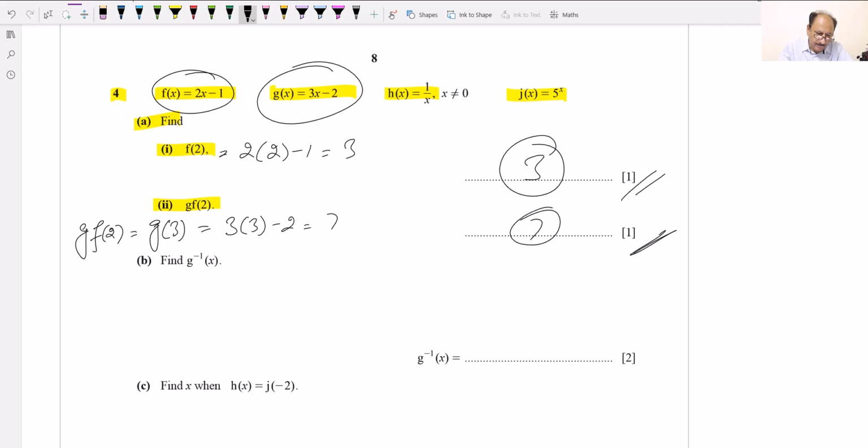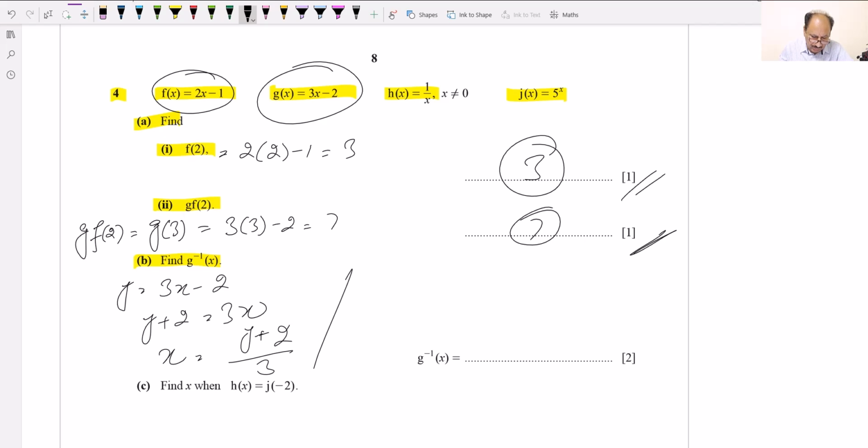Hopefully you understood this. Now they are saying B part, g inverse of x we need to find. G of x, we can write y is equal to 3x minus 2. Now we have to make x the subject. We will shift 2 first, and this will be y plus 2 is equal to 3x, and 3 we can shift to the other side, so x will be equal to y plus 2 over 3, and this one is g inverse of x.